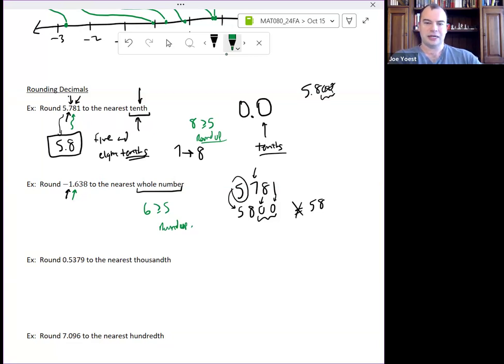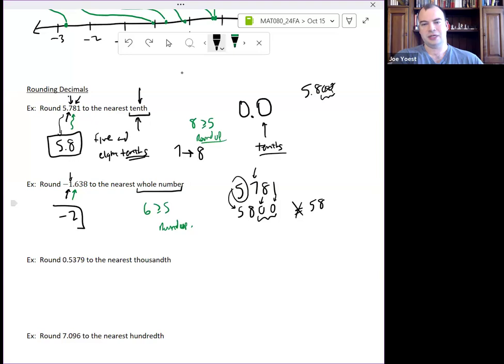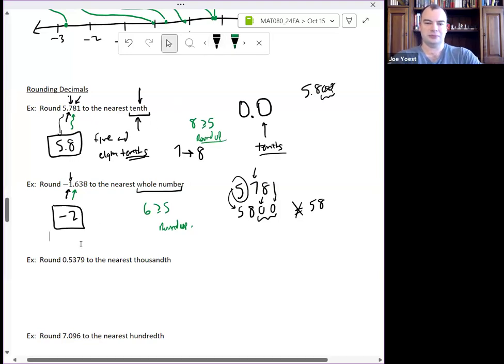So we want to take the 1 and make it 1 higher. We could write this as negative 2.000, but most likely we just write this as negative 2, rounding to the nearest whole number.